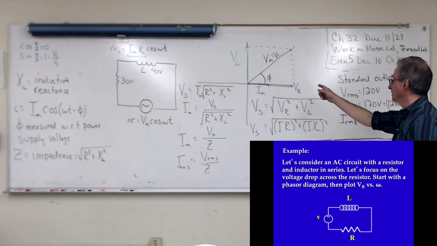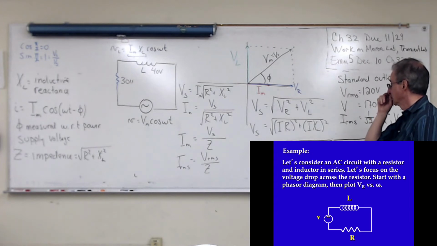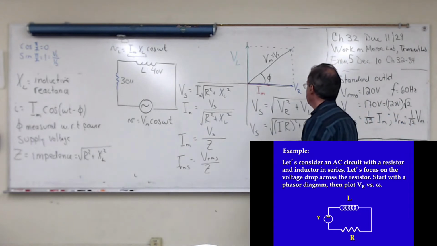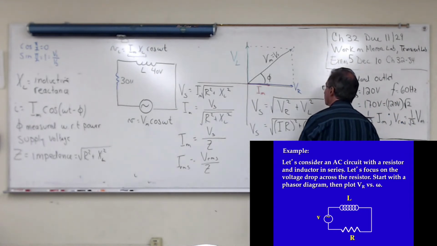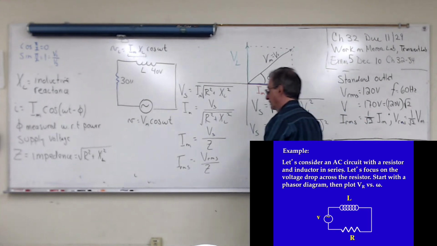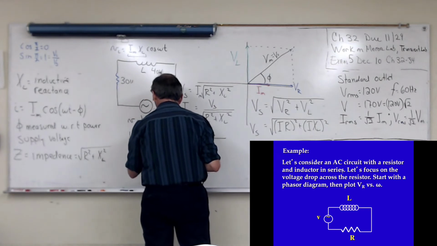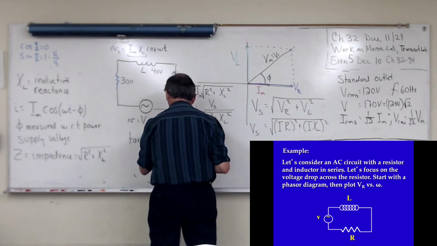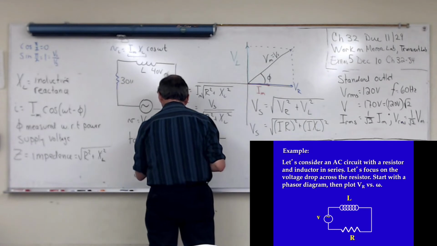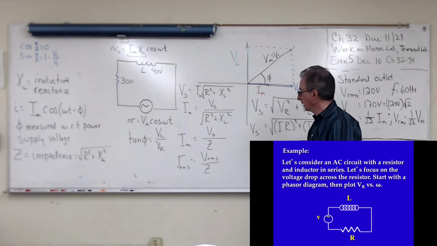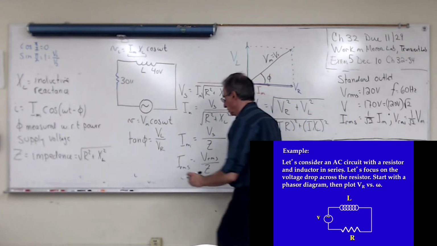How do I get that angle? Well, I just use trig. I use opposite over adjacent. Tangent of phi is V sub L over V sub R, but then they both have a current in common.